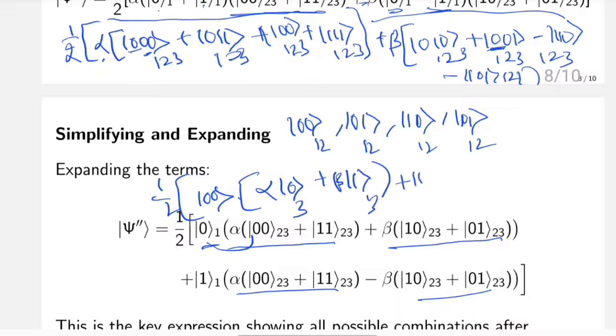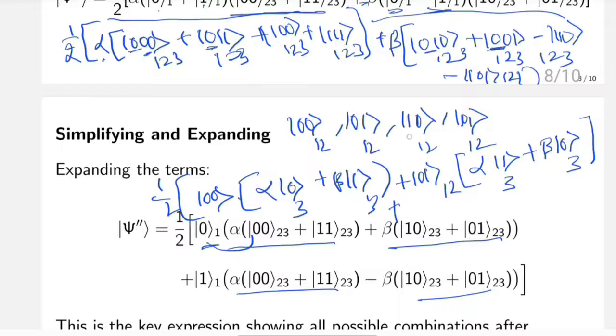If I take ket0 1 common, 1 2, alpha ket1 3 is remaining, and if I take 0 1 common here, beta ket0 3 is remaining. Now same way, 1 0, if I take common, 1 0 here and 1 0 here.